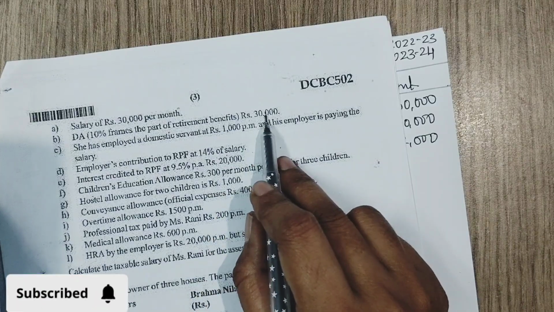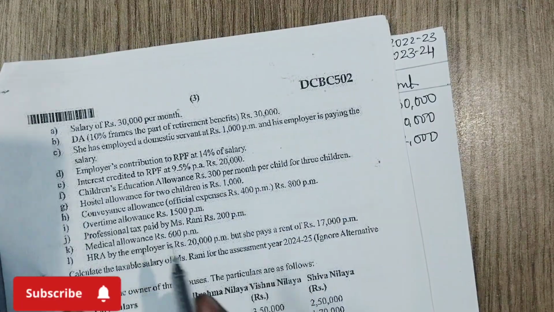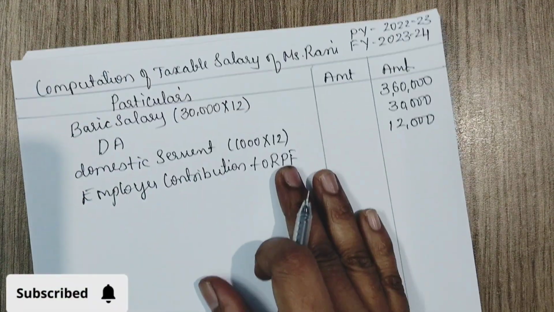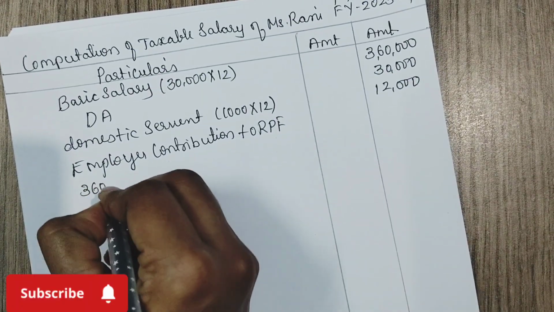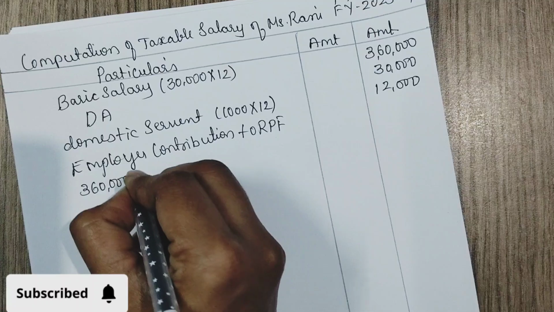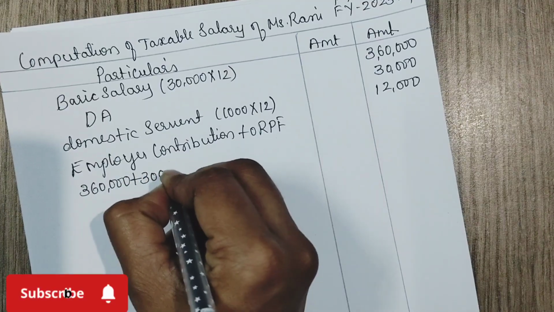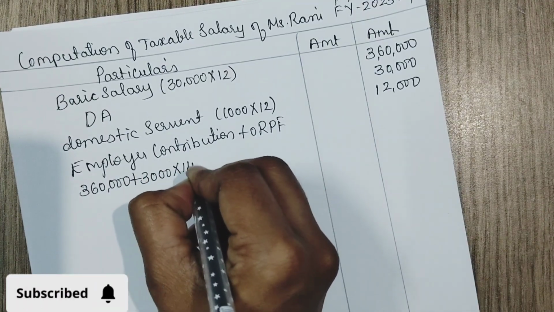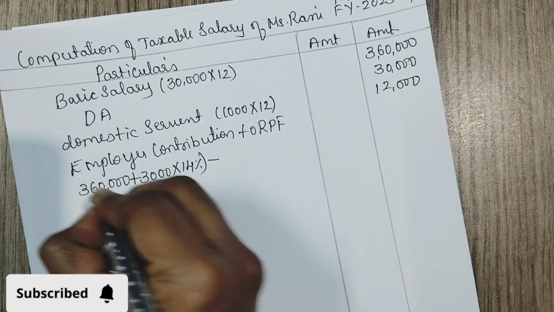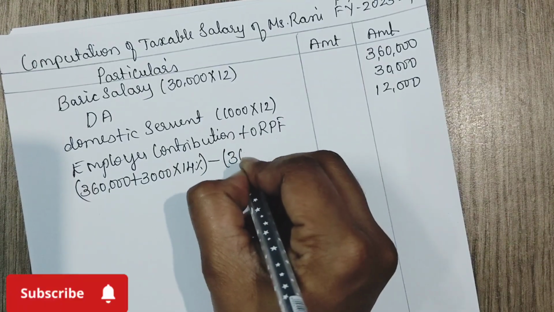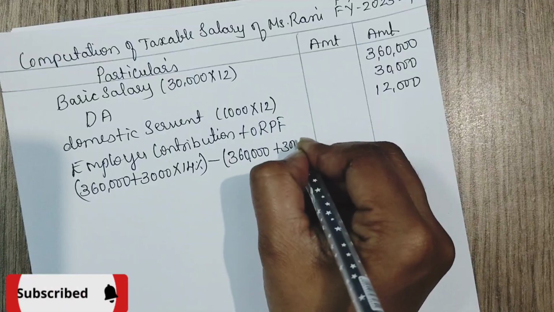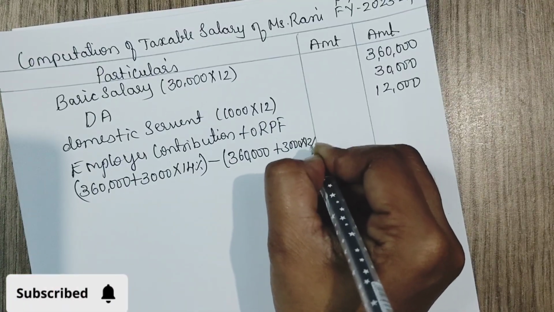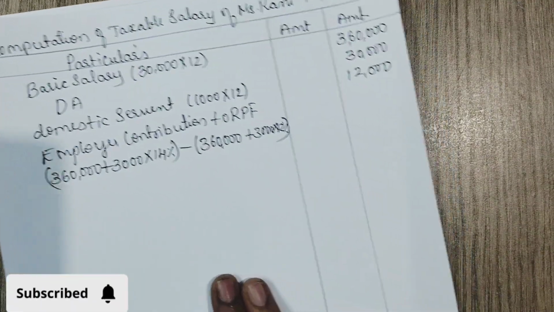So on 30,000, 10%, the 3,000 you are going to take for the calculations. Okay. 3,60,000 plus 3,000 into 14% minus 3,60,000 plus 3,000 into 12%. You need to calculate.